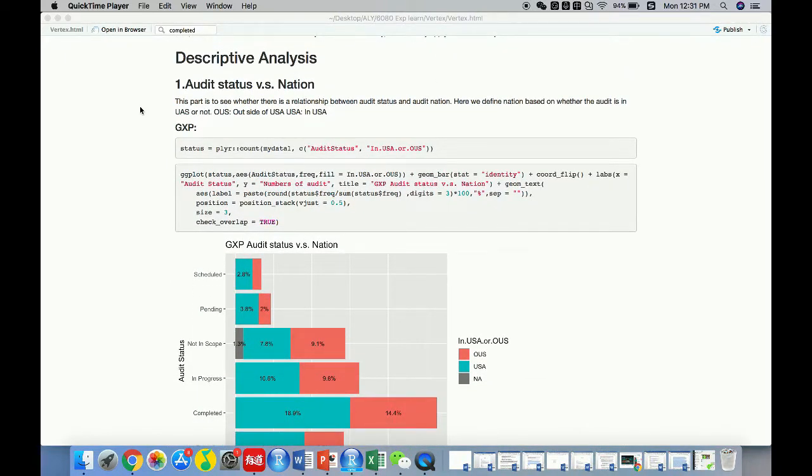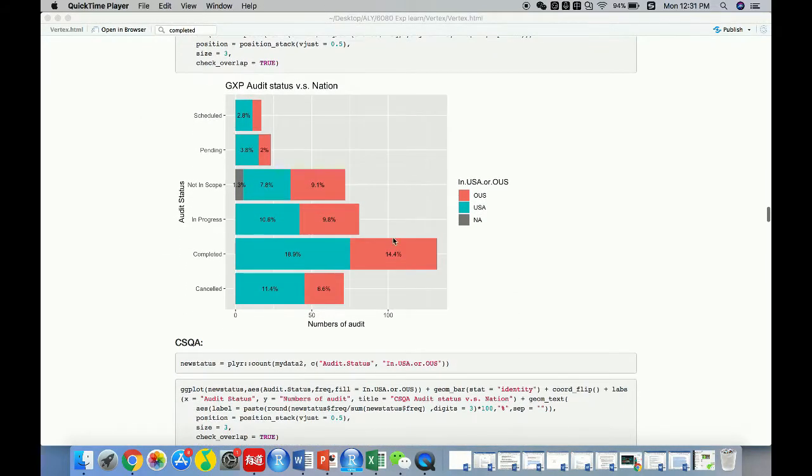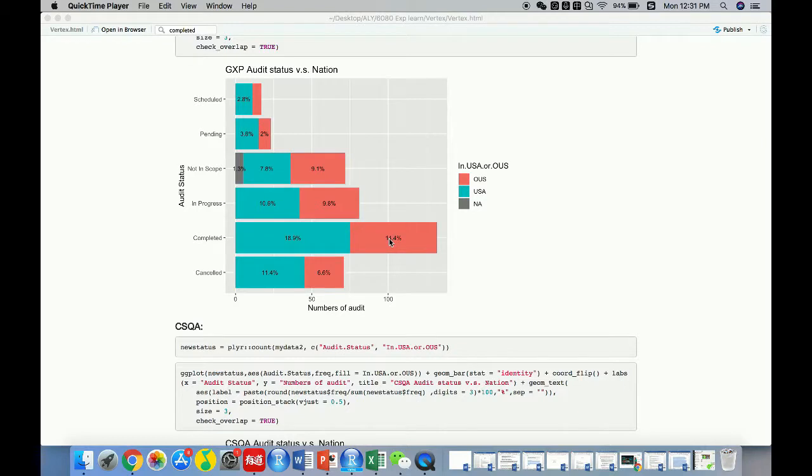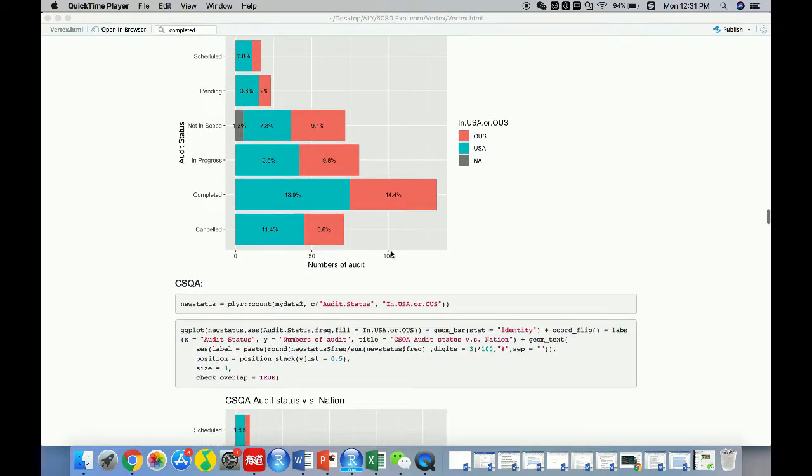First, I analyze the audit status versus destination, which means whether the audit is in US or out of US. Here, as we can see, the amount of audits in US or out of US is kind of similar, and most of the audits have the status complete.